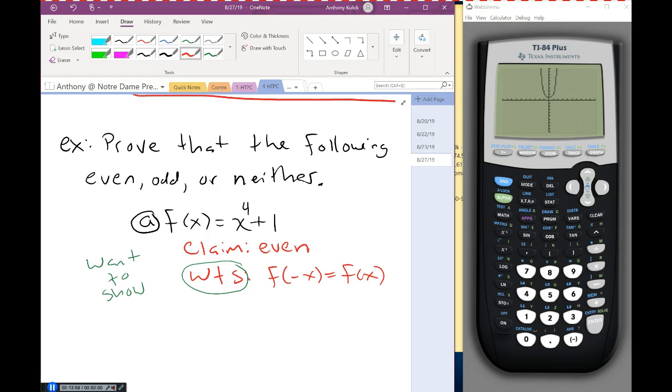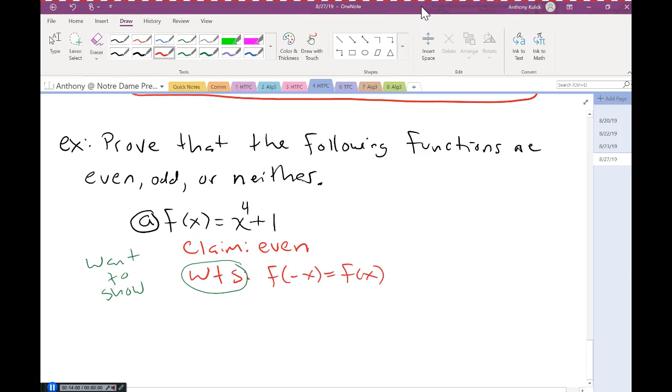So, what I'll do is start with f of negative x. What that is telling me to do is to take everywhere there was an x and replace it with a negative x. Just like I would evaluate the function for f of negative 3, I'm going to do that same idea.